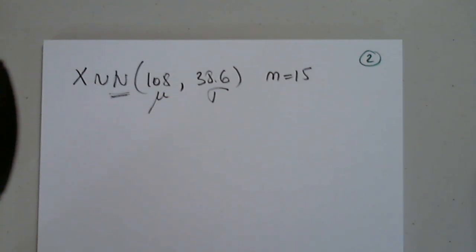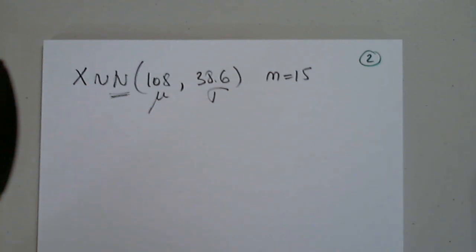Okay. I don't have to worry, because we are told that the underlying population is normal. And look, the sample size is less than 30, but I don't need 30. I can use this formula because I am told that the distribution is normal. Otherwise, I would have had to inquire.